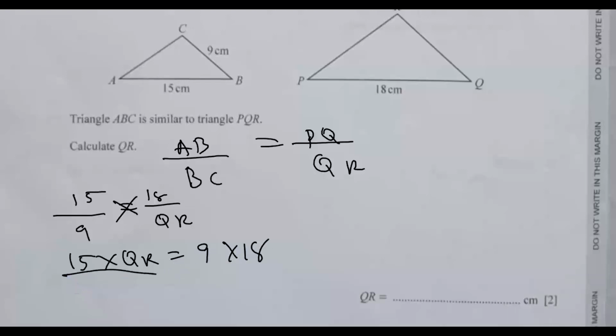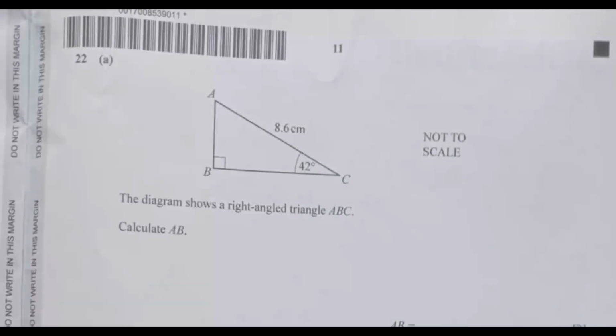If you divide both sides by 15, 15 cancels 15 here, QR is equal to 9 times 18 divided by 15. That will give you your answer to be 10.8 centimeters straight away.